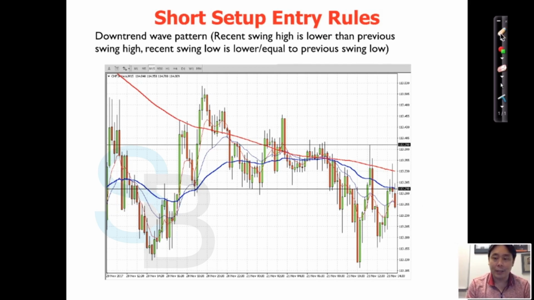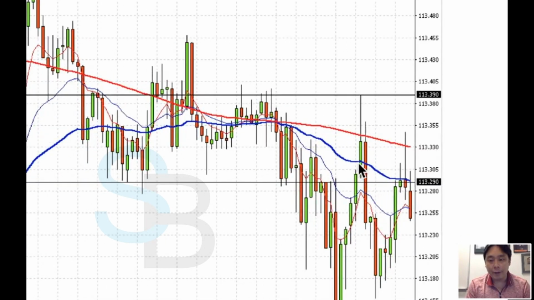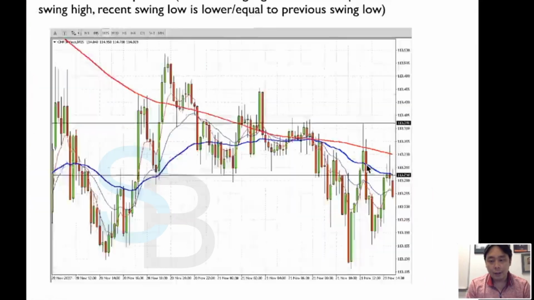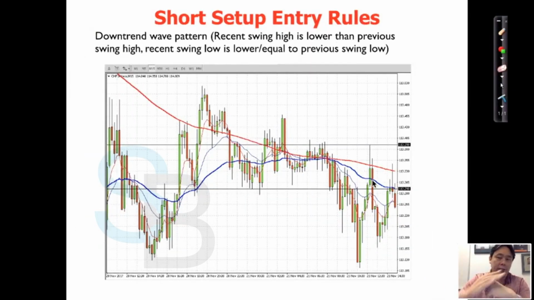Can you see that the 50 moving average, which is here, did not act as a strong resistance. In fact, the price blasted right through the 50. So that was not a strong resistance. So that really fails one of the first criteria, which is the 50 EMA must be tested to be strong. So that's not strong. Okay, what else?